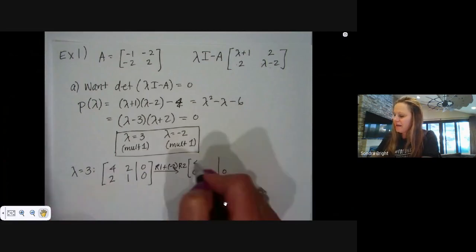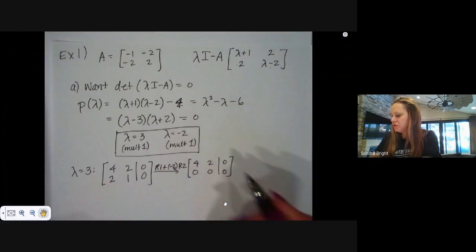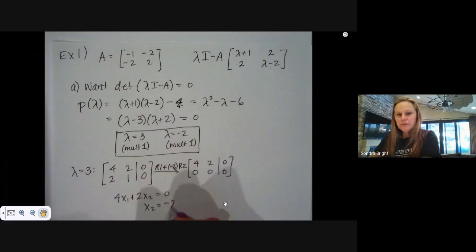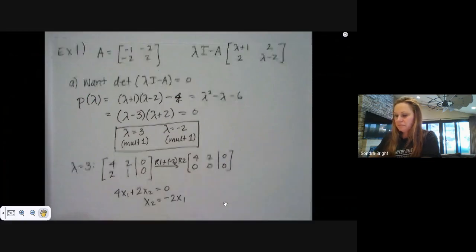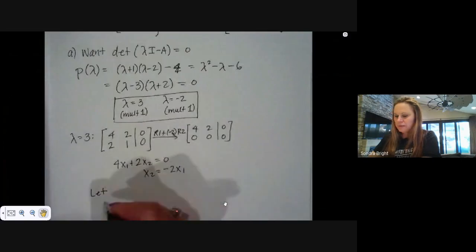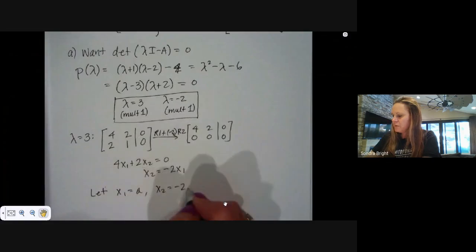I would just go, okay, that top row says 4x1 plus 2x2 is equal to 0, which means x2 will equal -2 times x1. And so if you let x1 equal a, then x2 would equal -2 times a, which gives you an eigenvector of (a, -2a).